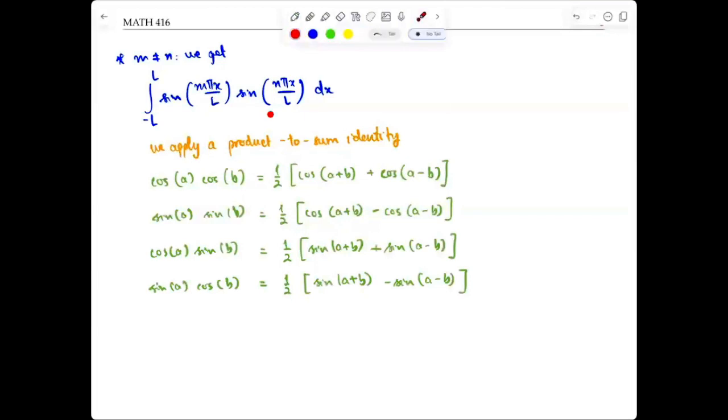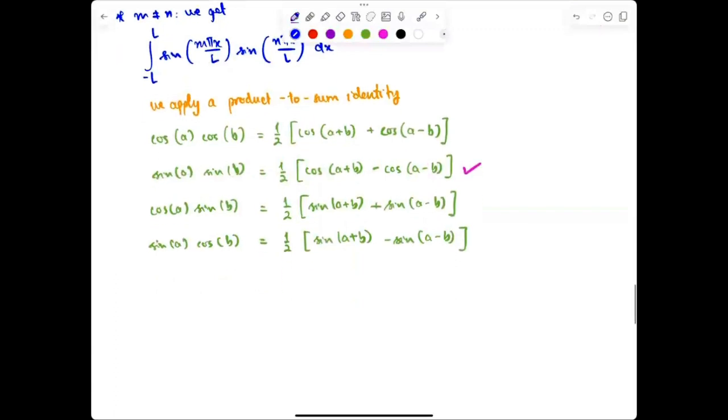So in our case, where you want to evaluate this product, you need to apply the second product-to-sum identity. I'm going to use a check here to indicate that this is the formula we're going to apply.